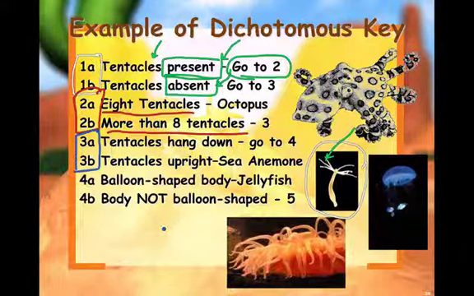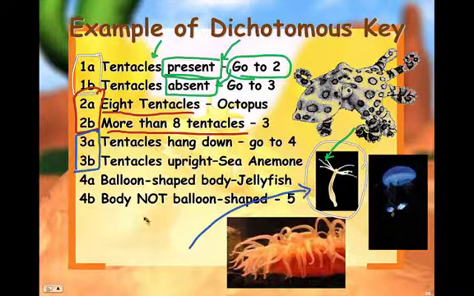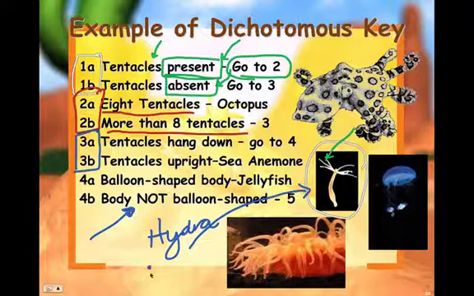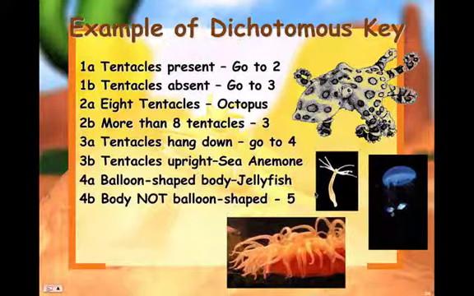So if I had done this for an assignment, this right here is what's called a hydra. And if you were grading me on my dichotomous key, you would realize my dichotomous key is wrong, and it does not work because there is no example on here for the hydra. So let's start all over again.